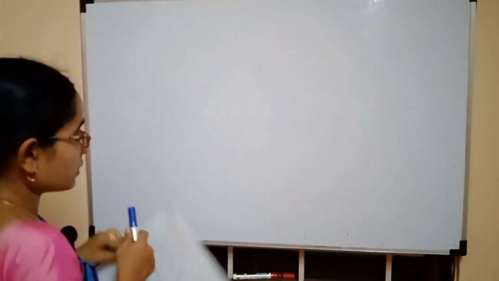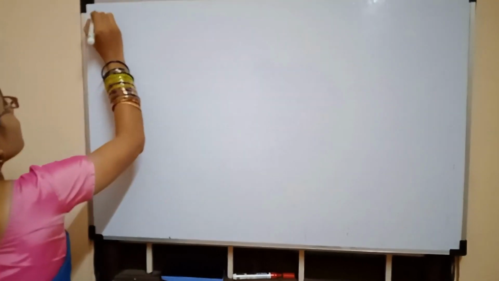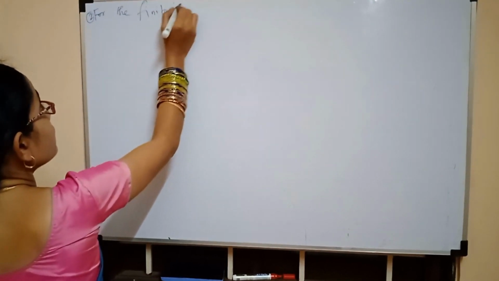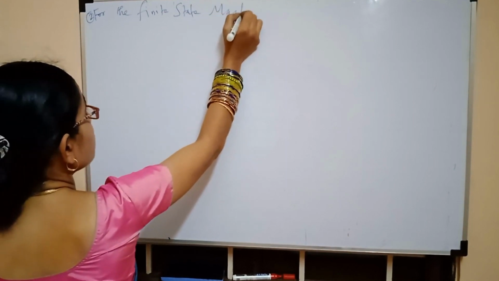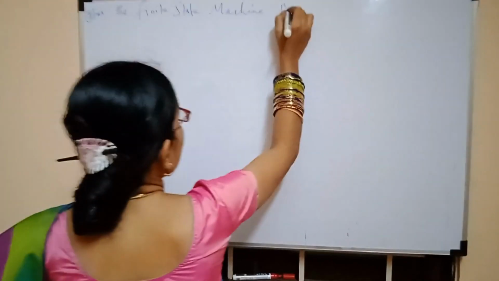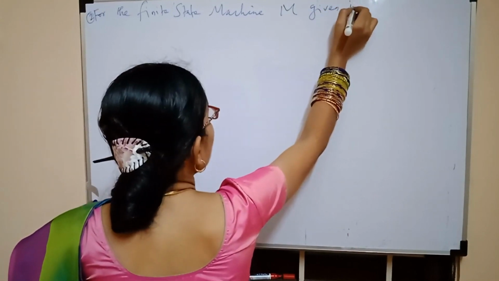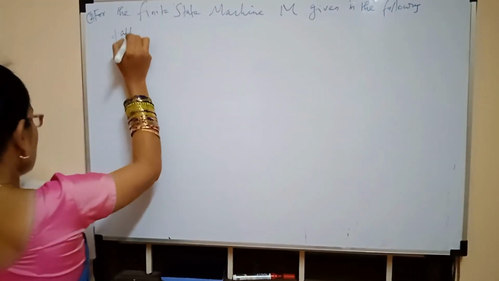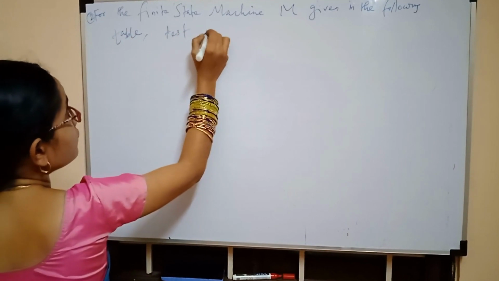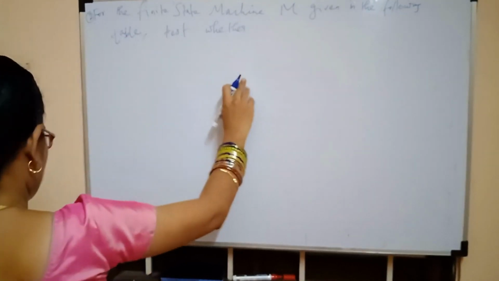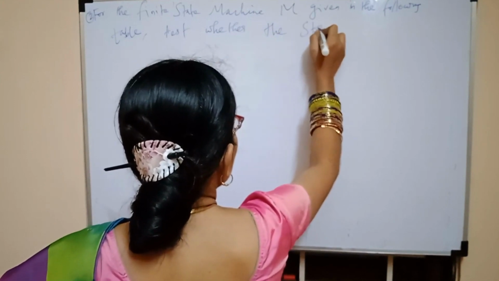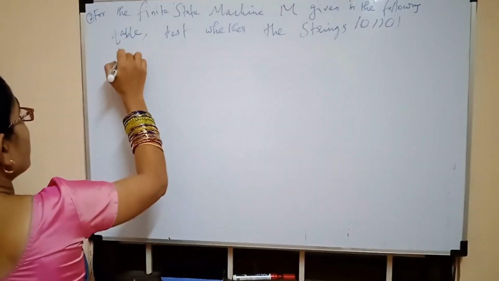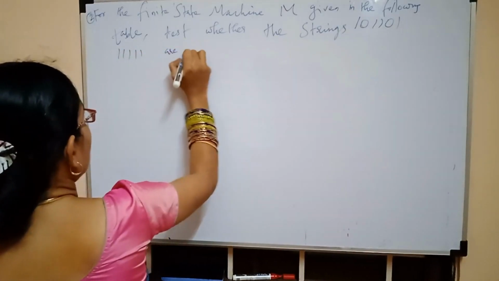So the second problem is: for the finite state machine M given in the following table, test whether the strings 101101 and 1111 are accepted by M.